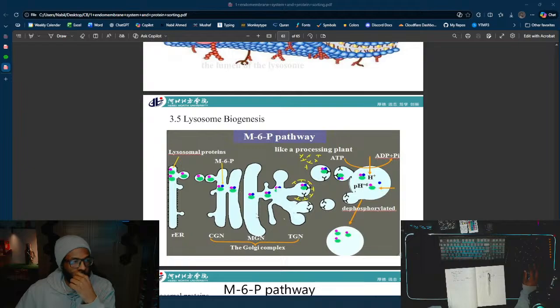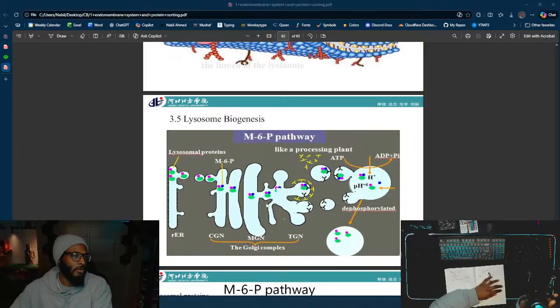They move to the Golgi apparatus for modification. In the cis Golgi, a phosphate group is added to the mannose, making M6P. M6P acts as an address label, saying send this enzyme to the lysosome.